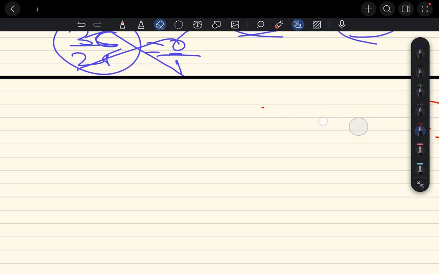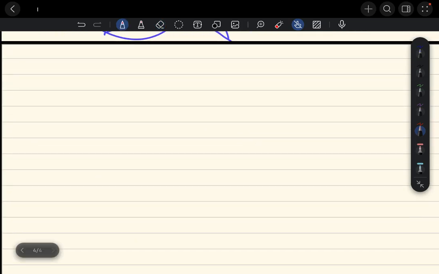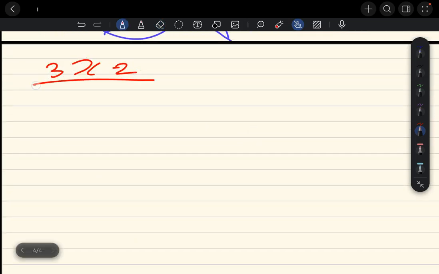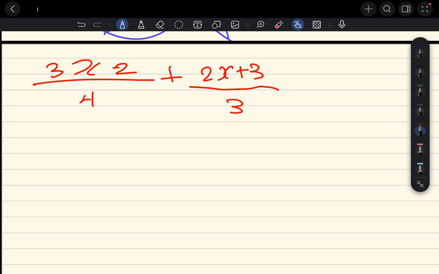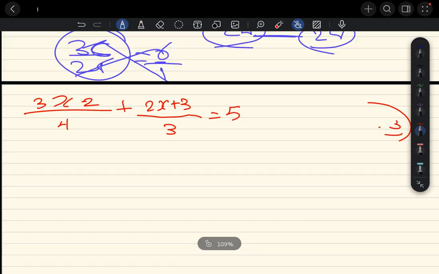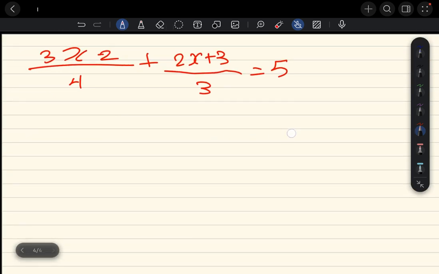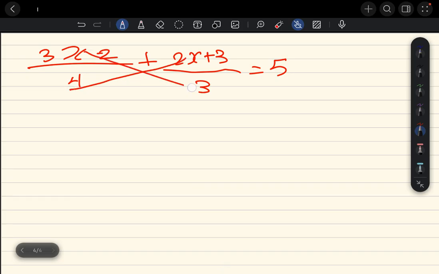I'm gonna rewrite it because I've done a lot of junk, to be honest. 3x negative 2 upon 4 plus 2x plus 3 upon 3 equal 5. That's my equation that I should solve. Here I'm gonna do cross multiplication, right?